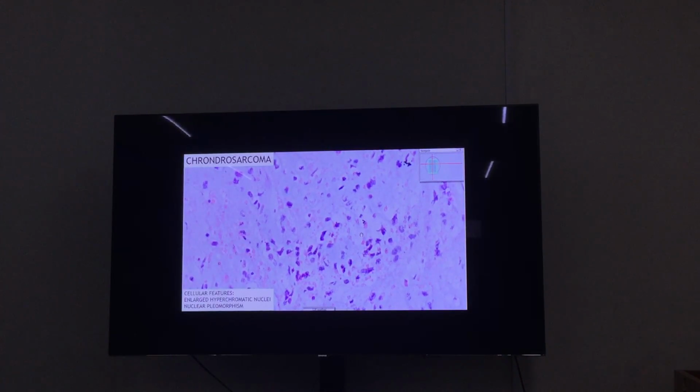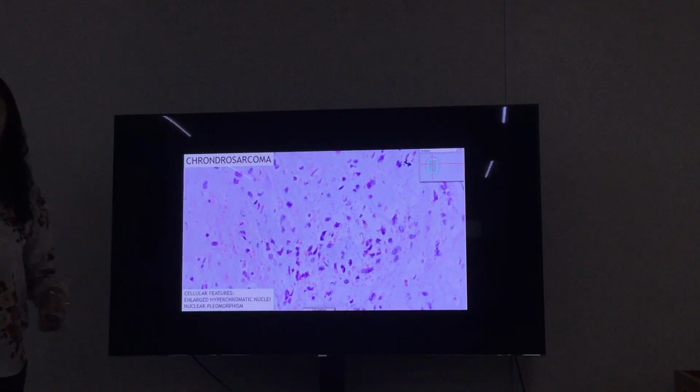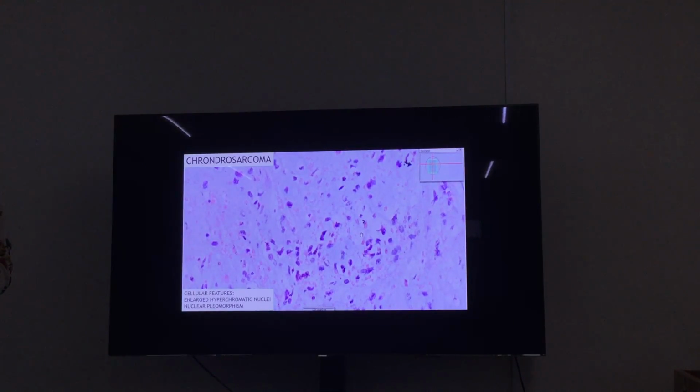So how will you identify that this is chondrosarcoma and not rhabdomyosarcoma? Paano mo malaman na chondrosarcoma ito? At the surrounding tissue. Kasi it's derived from the cartilage. So dapat you can see cartilaginous matrix. So yan, it's another feature that you will look at.